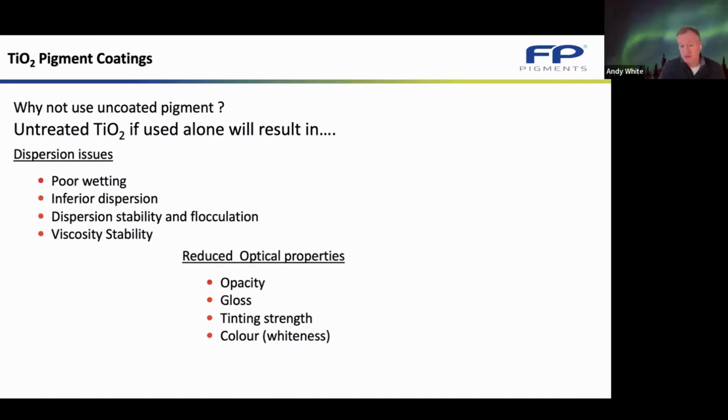If you have these problems, you're going to see a reduction in opacity, a reduction in gloss, a reduction in tinting strength, and a reduction in whiteness and color. And those are the only reasons you use the TiO2 in the first place.